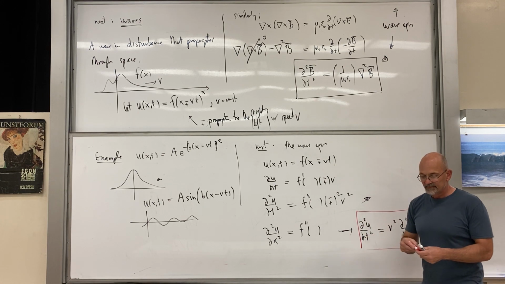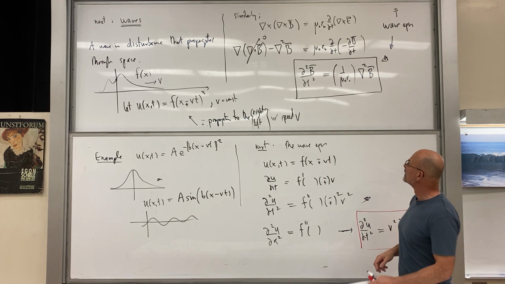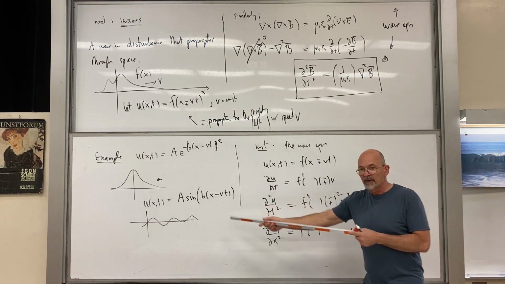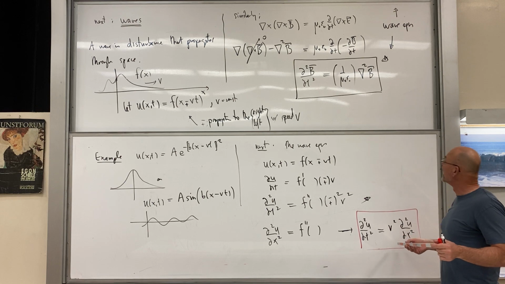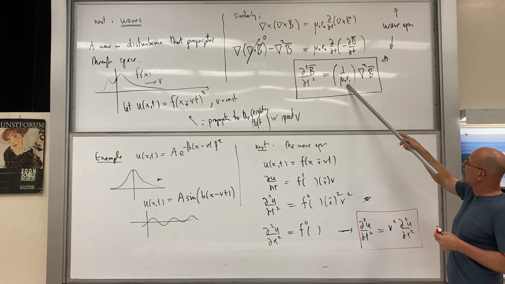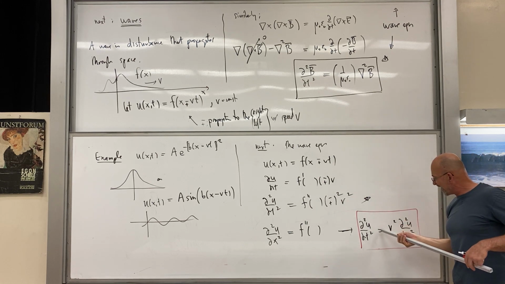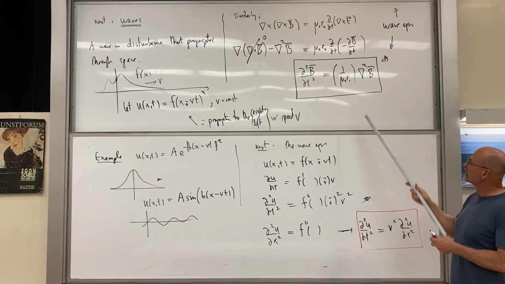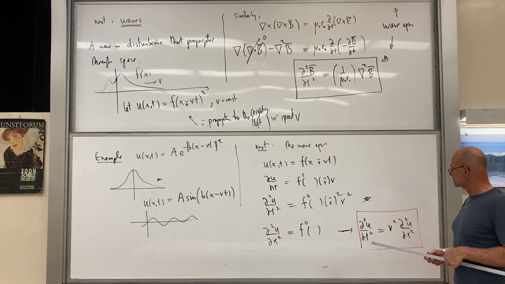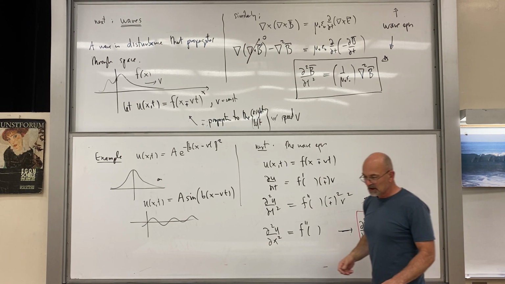So there we have it. Just making contact with what we had up here. So some disturbance propagating with a constant speed. And now we see what this 1 over mu naught epsilon naught represents. It represents the propagation speed of this field of disturbance. Good.